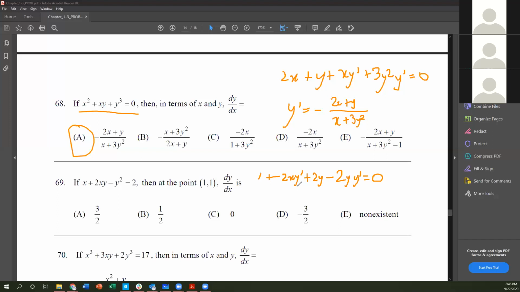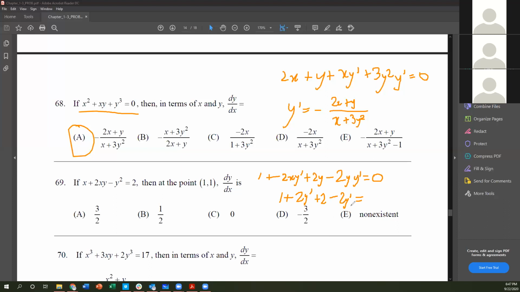Honestly, what I'd actually try is just plugging in (1, 1) first. So this will be 1 plus 2y prime plus 2 minus 2y prime equals 0. And that actually makes it problematic for us, right? What this probably tells us is that it's going to be non-existent.